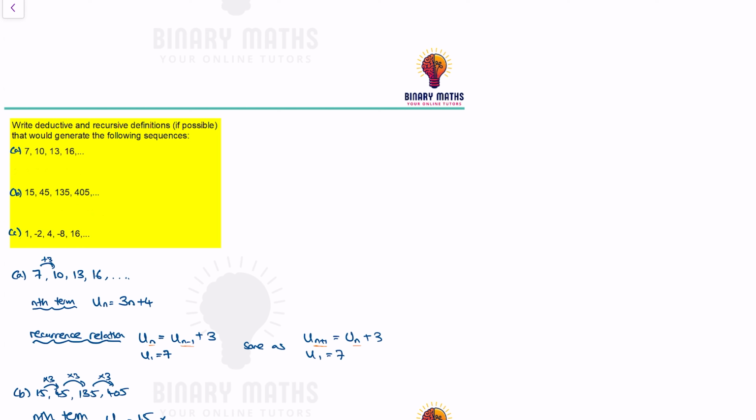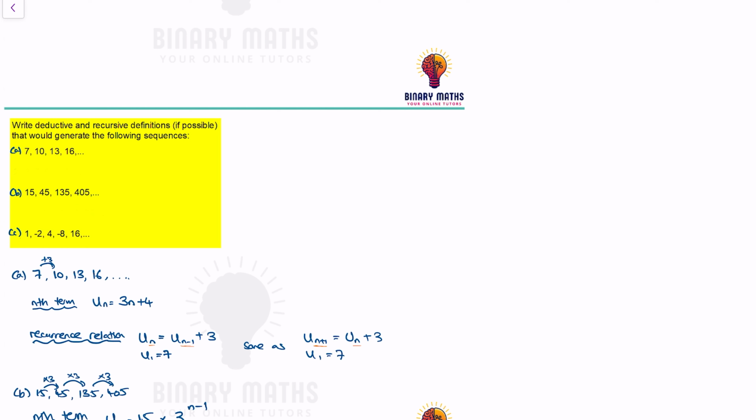For each one I'm multiplying by 3, but for the first one, I didn't multiply by 3, so I need to do 3 to the power of n minus 1. Because then if I substitute 1 in, I get 1 take away 1, which is 0. 3 to the power of 0 is 1, so 15 times 1 is 15. So I do end up getting the right thing.